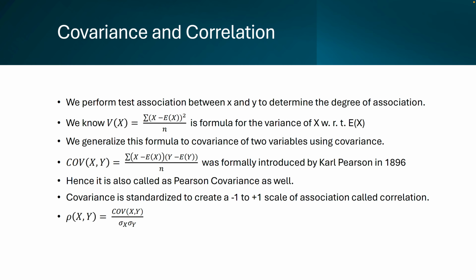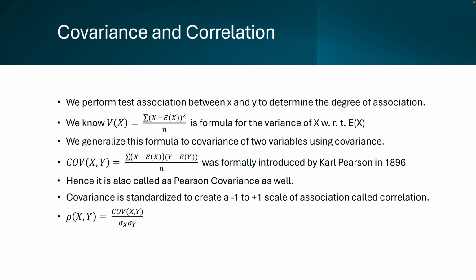We start with the formula for variance V of x, which is the difference from the expected value of x, squared and averaged. So V of x is the formula for the variance of x with respect to E of x.